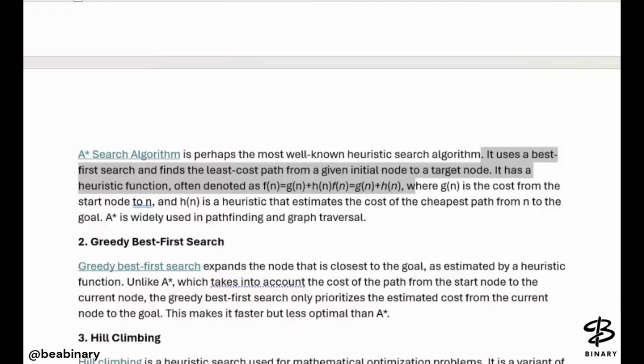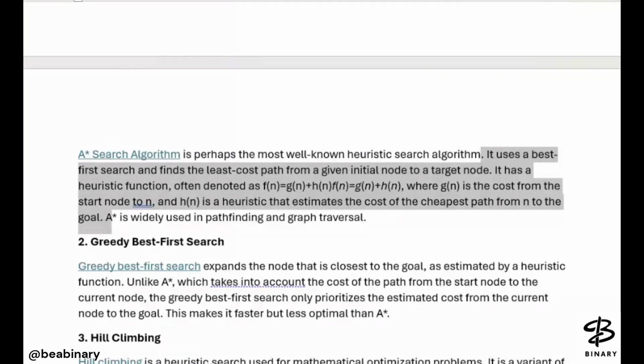What is this? Here g is the cost from the start node to n, and h is the heuristic that estimates the cost of the cheapest path from the node n to the goal node, right? So g represents the cost and h represents the heuristic function.